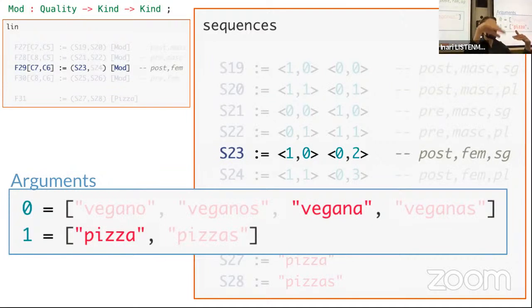But in the string that we produce, we actually start with the kind, because it's a post modifier quality. It's completely fine to go against the abstract syntax. I wouldn't even say that we go against anything, because we just have to have some arbitrary argument order, and this low-level PMCFG is the one that actually decides the ordering of the arguments in the string. So this will become pizza vegana.